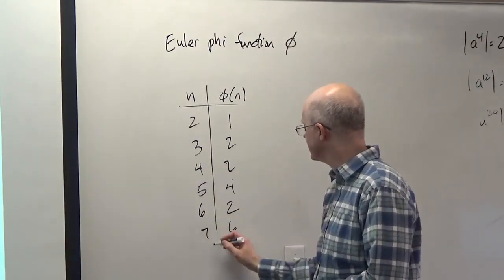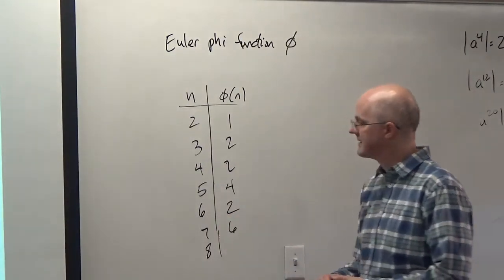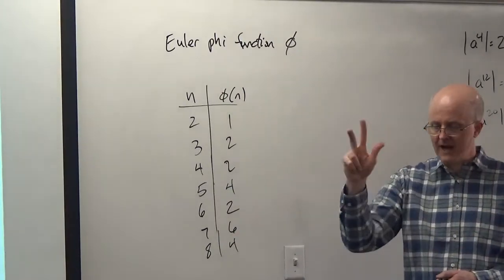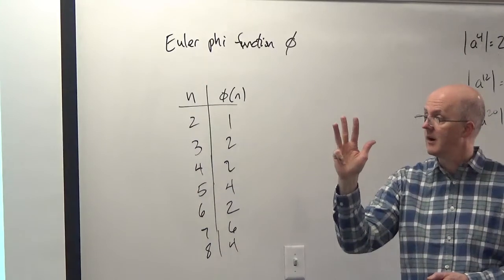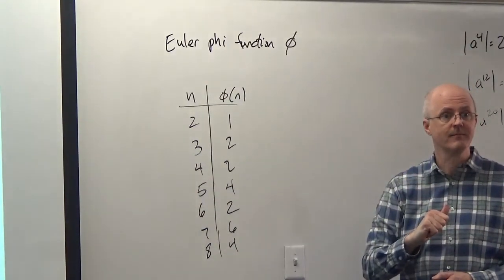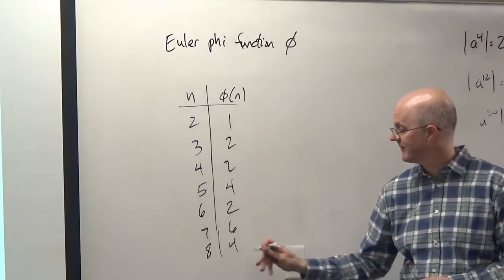Phi of 7 is 6, phi of 8 is 4, right? 1, 3, 5, and 7 are the positive integers less than 8 that are relatively prime to 8. There's 4 of them, etc.